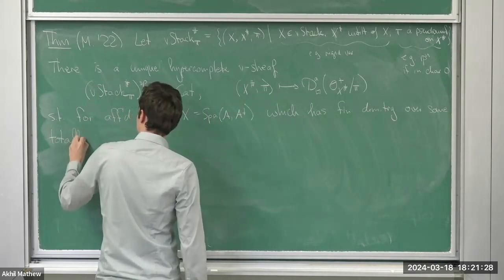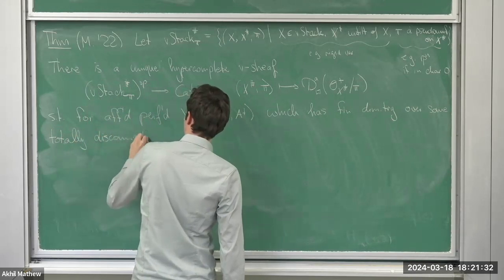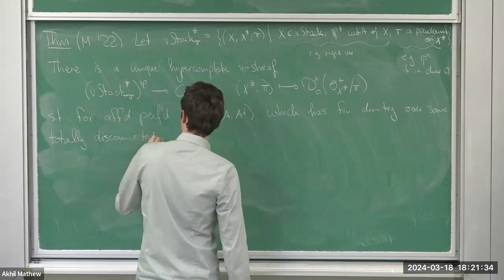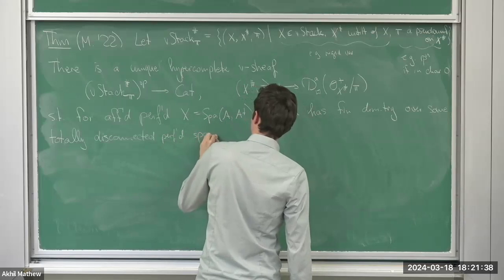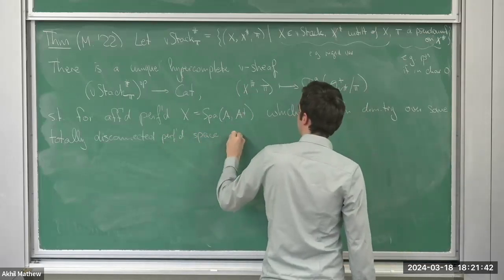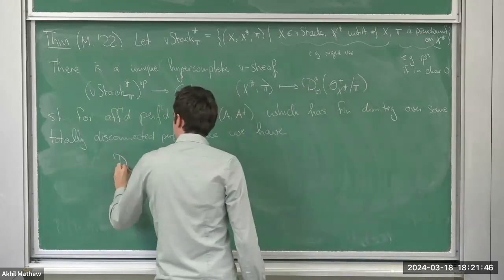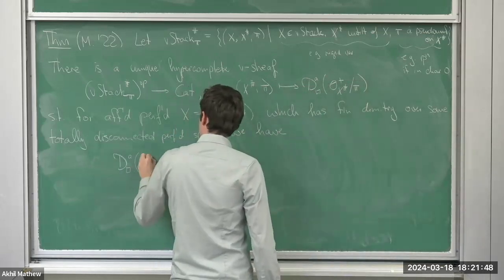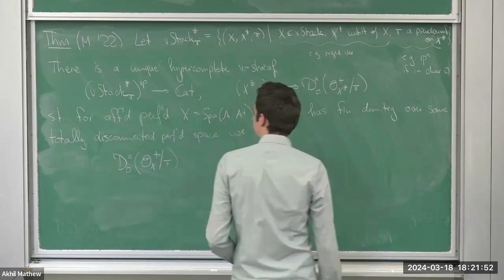Totally disconnected vector space. We have B solid A of X plus pi.